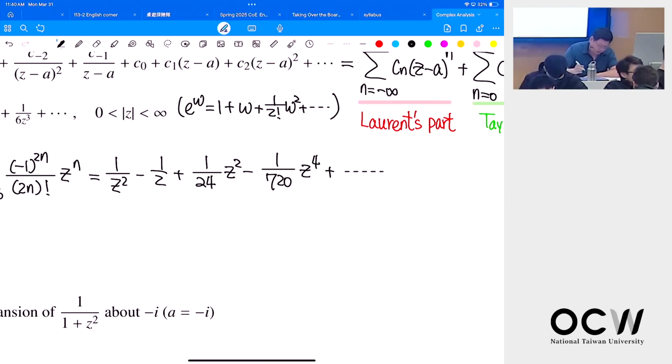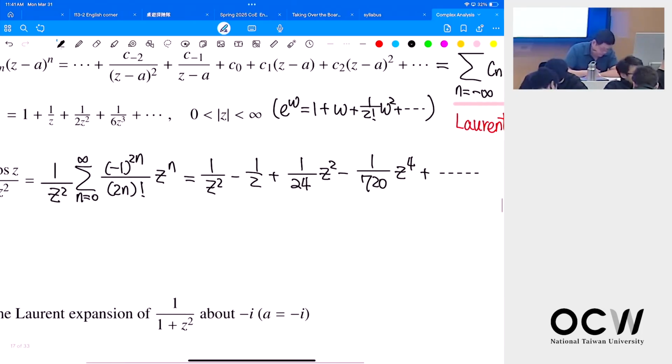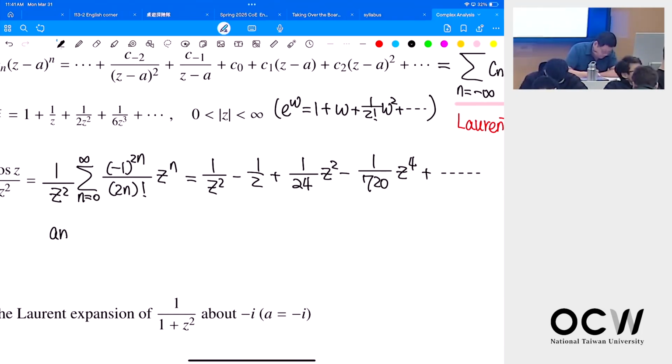And then the annulus is that the z, so far here, is between 0 and infinity.